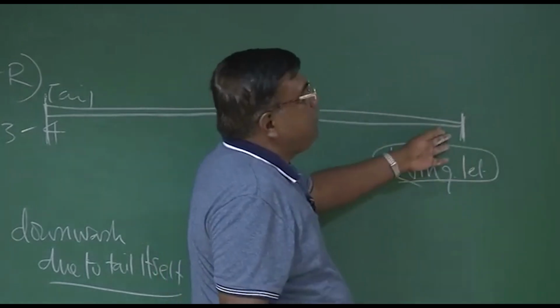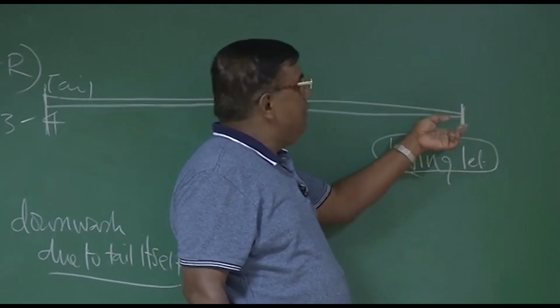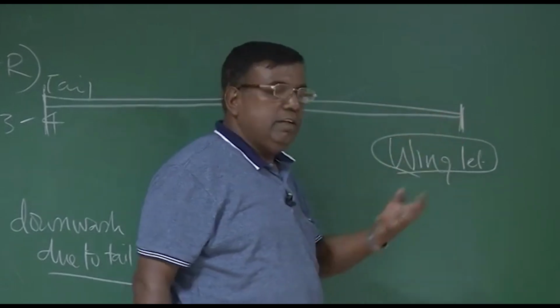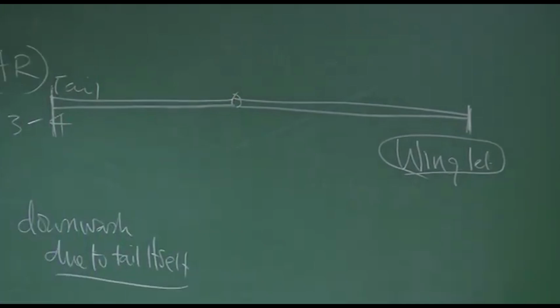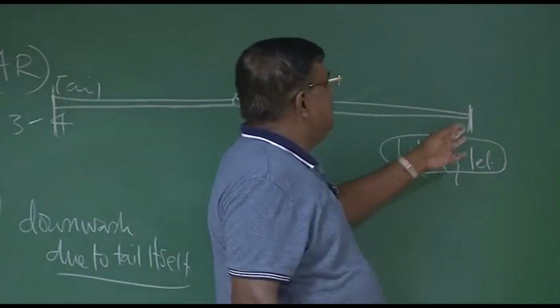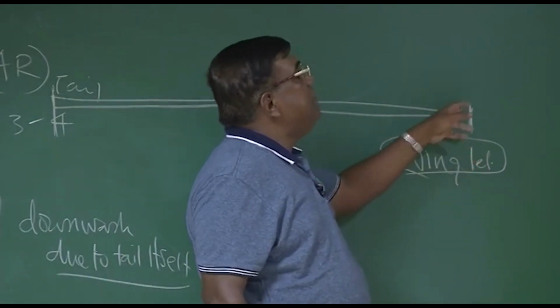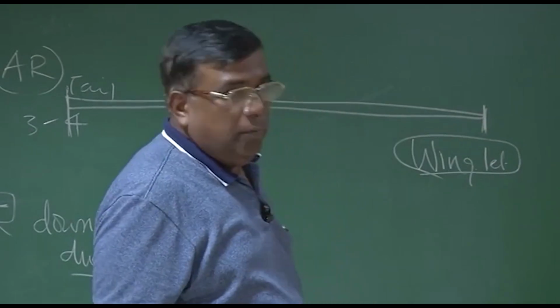So that physically stops the interaction of higher pressure and lower pressure. So whatever is to be formed will now almost be diminished, right? But if you put this winglet, there is a penalty because there is some drag from the winglet itself. Okay? So you have to again optimize it.